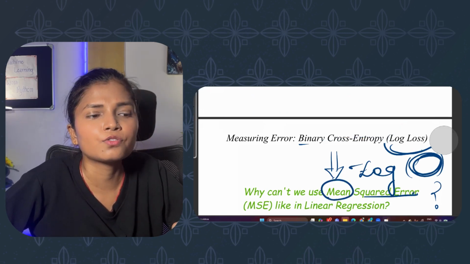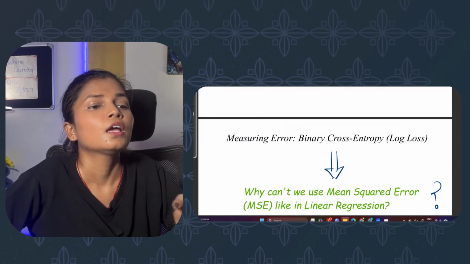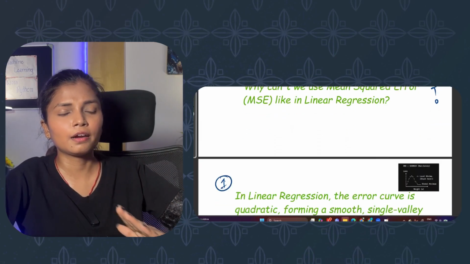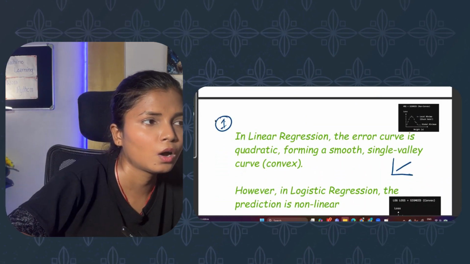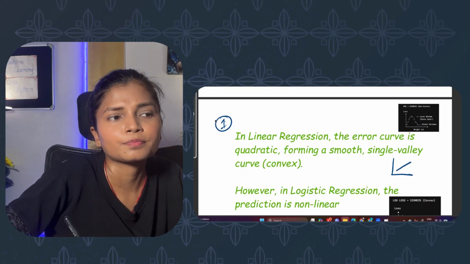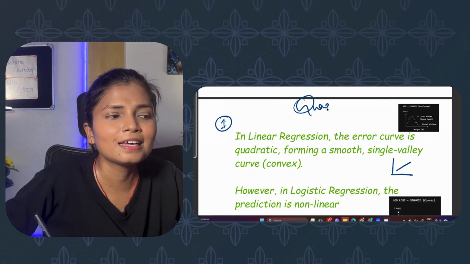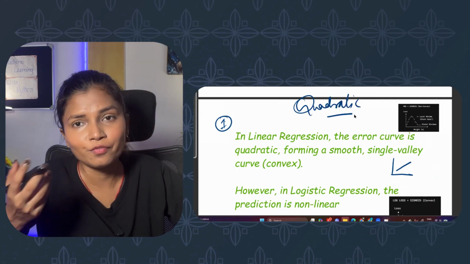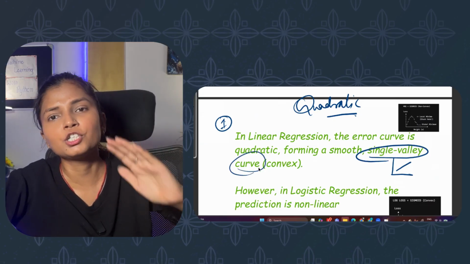The very first reason why we are not going to use mean squared error is, if you remember, in linear regression the error curve that we plot is quadratic. It is like a single bowl-shaped curve, which is also convex in nature. Now when it comes to logistic regression, the prediction is non-linear.